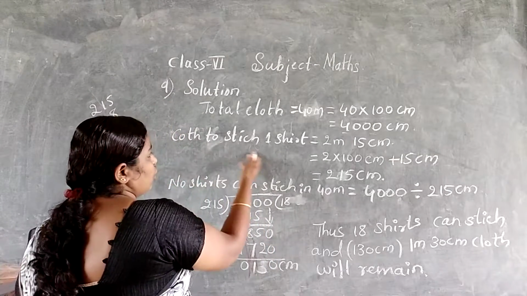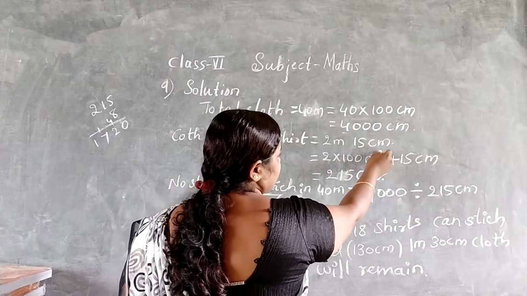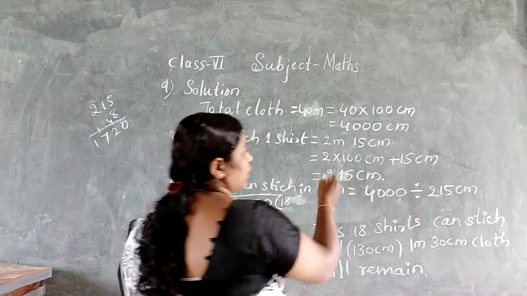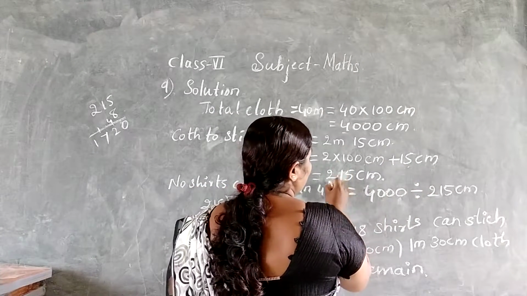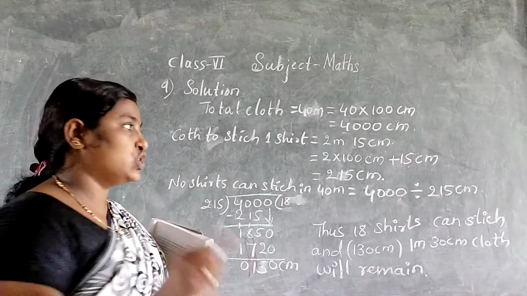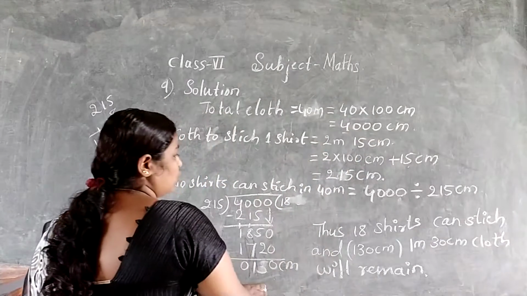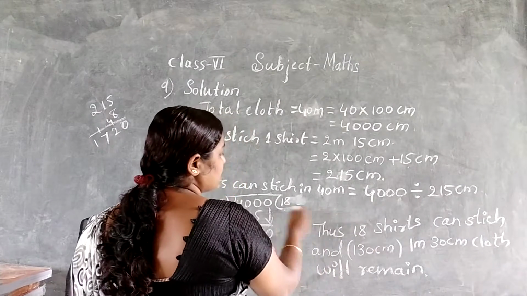The cloth for one shirt is 2 meter 15 centimeter, which we convert to 200 plus 15, so 215 centimeter. Dividing this, we get the quotient 18.